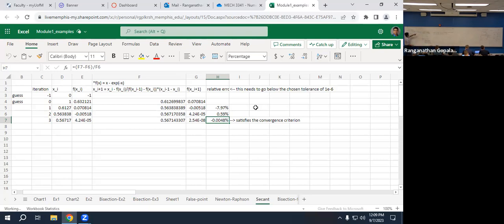The only difference between false point and secant is that in false point, you forcibly make sure that the root always is contained by that interval. Whereas secant, you don't have that check. Secant is automatically, okay, you can see that here.